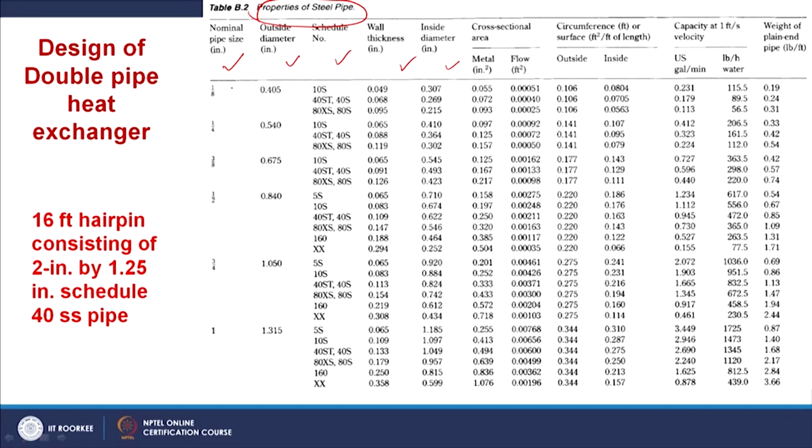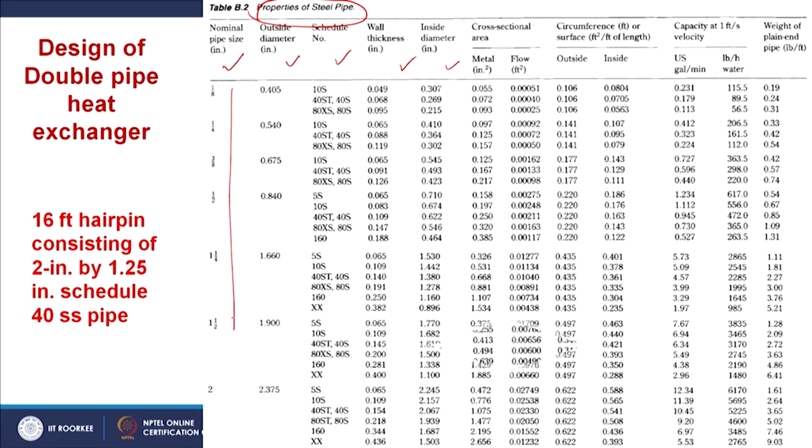Here we have this nominal diameter, and when I continue with this table, we have another section of the table where I have 2 inch and 1.25 inches. This 2 and 1.25 is basically the nominal diameter of the pipe. If I am considering 2 inches and 40S pipe, how will I choose?